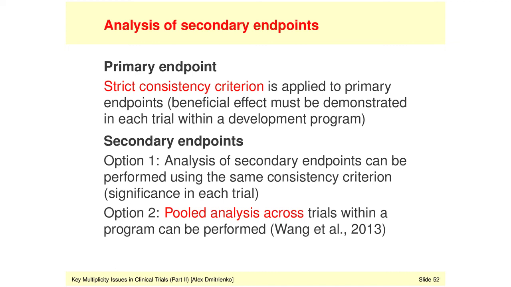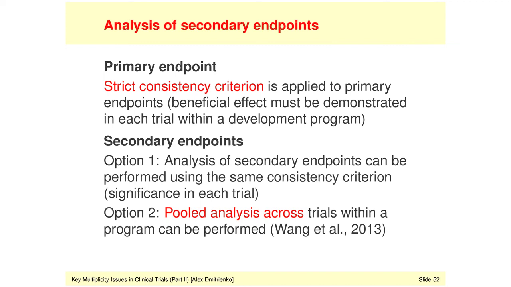When we now try to think about possible approaches to analyzing secondary endpoints in a development program with several phase 3 trials, what are the available options? Option number one will be to analyze secondary endpoints as if this was a primary endpoint, which means that we're going to apply the same consistency criterion.